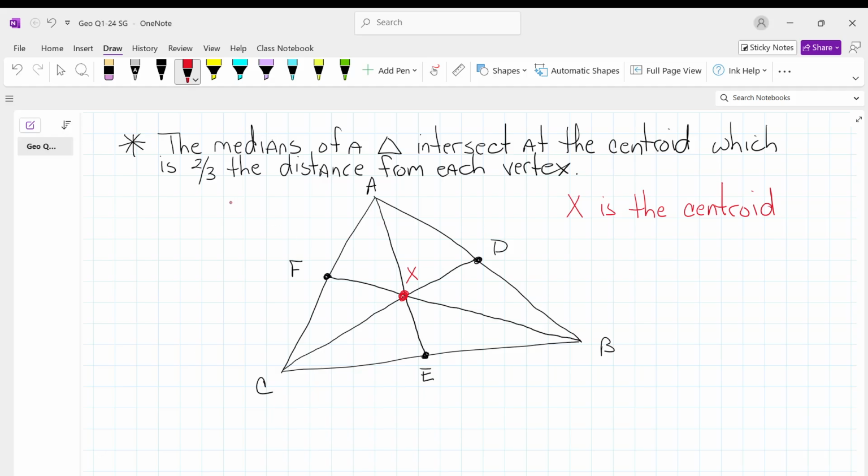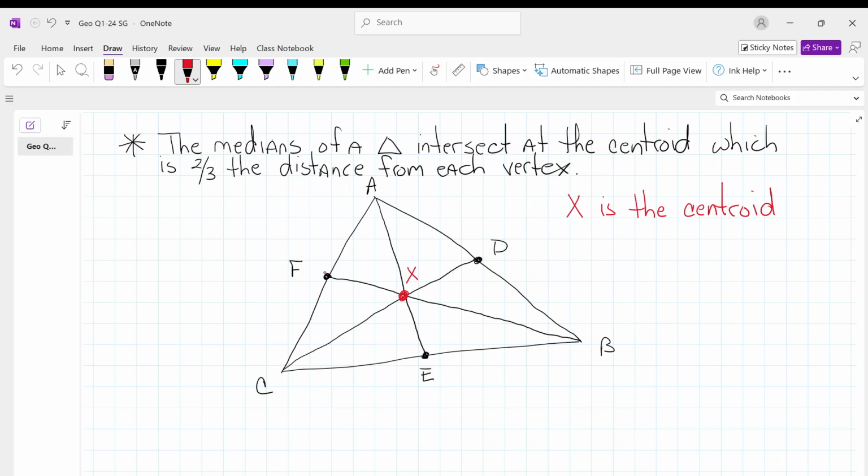Now, what the theorem said is that the centroid is 2/3 the distance from each vertex. What that means is FX is 1/3 of the distance to the vertex. All right? So I want you to write these formulas down, but then I'm going to show you a real shortcut to find these distances, okay?